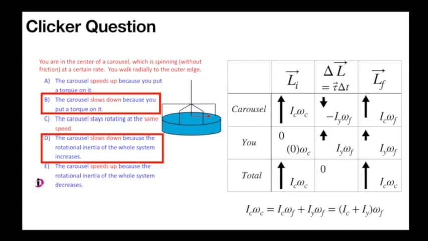Just like when objects collide in space, even though there's no net force, they both exert equal and opposite forces on each other. In other words, whatever momentum one gives to the other, the other then gives the equal and opposite amount back. That was a lot of words, but I think you know what I'm saying. So there are torques applied. As we walk out, we do apply a torque on the carousel.